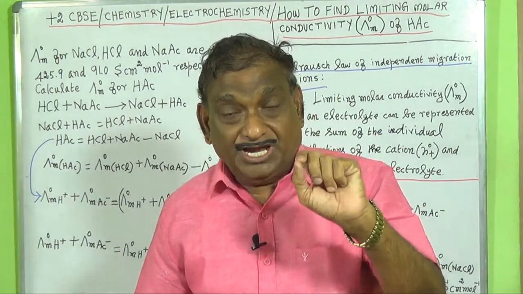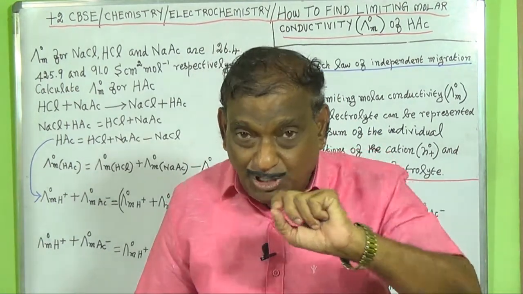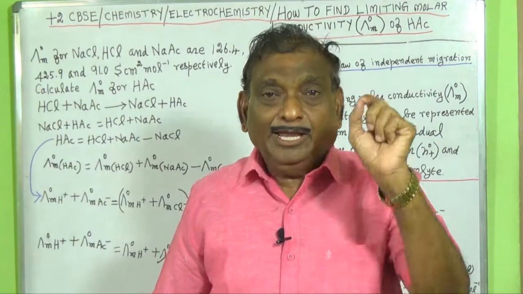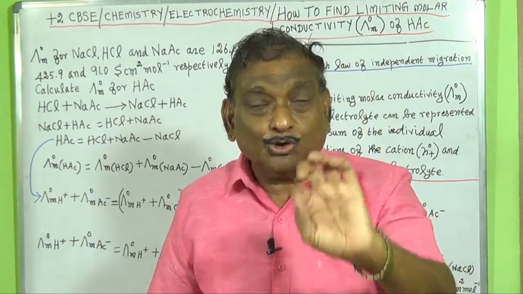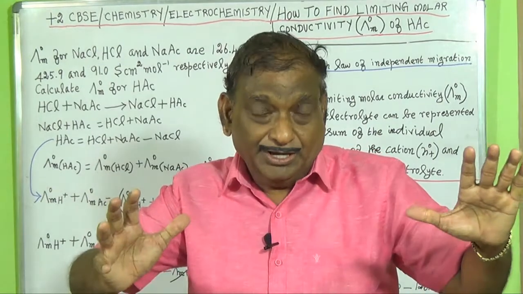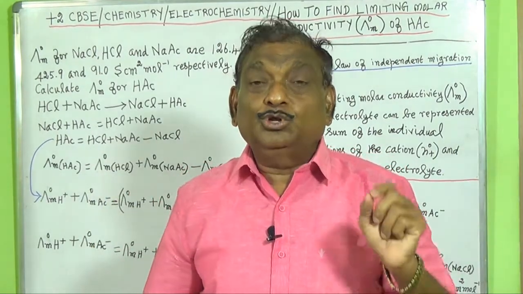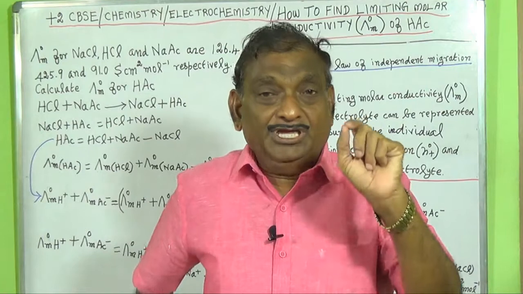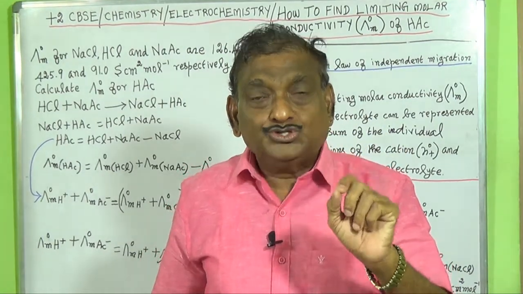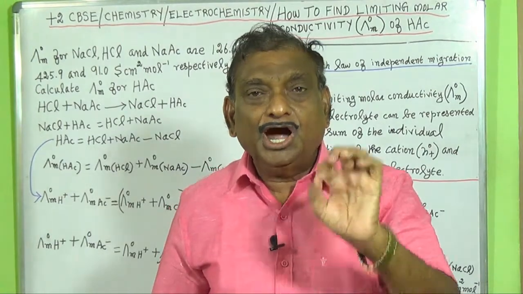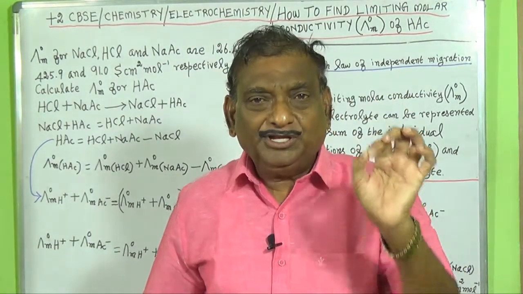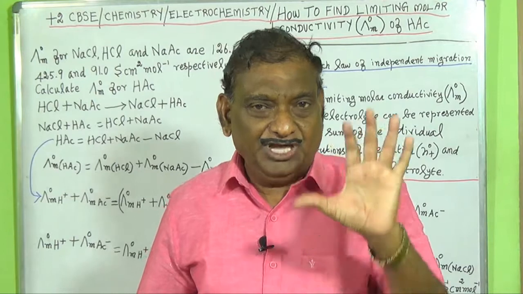For that reason, it is not possible to find the limiting molar conductivity of the weak electrolyte accurately. So we are following the Kohlrausch law of independent migration of ions in order to find the limiting molar conductivity of the weak electrolyte.